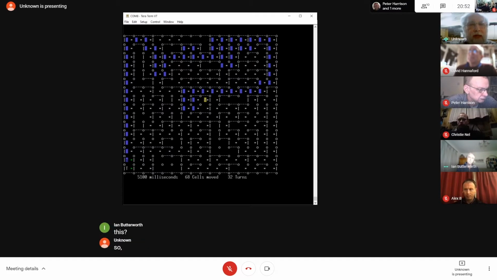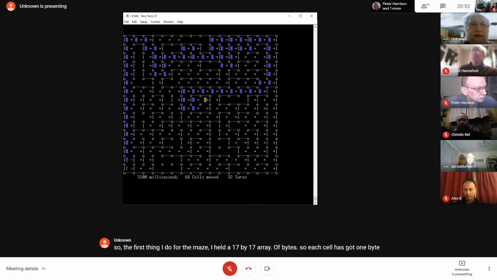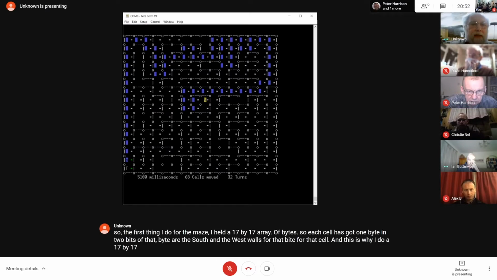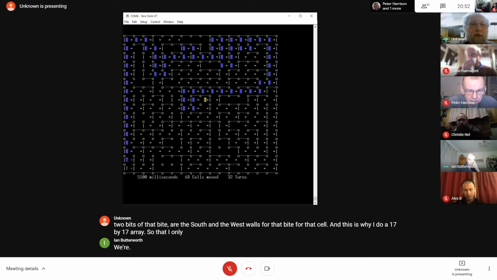So the first thing I do for the maze, I hold a 17 by 17 array of bytes. So each cell has got 1 byte. 2 bits of that byte are the south and the west walls for that cell. And this is why I do a 17 by 17 array, so that I only hold those walls in one place.